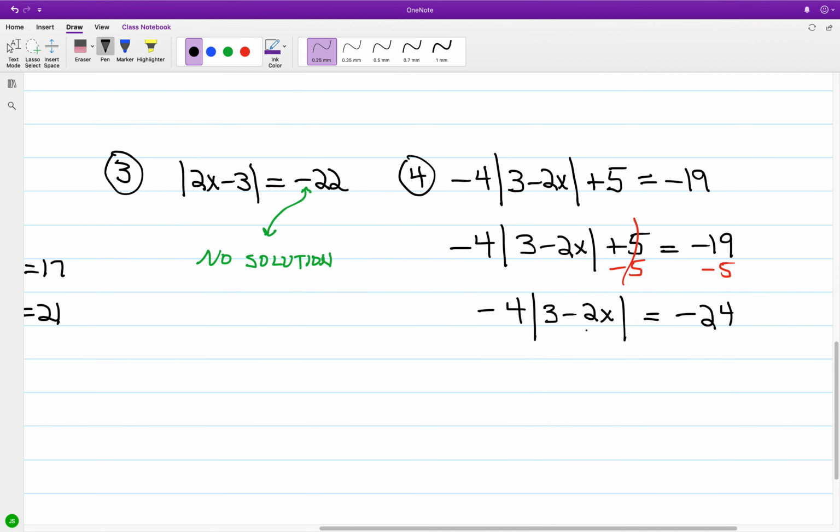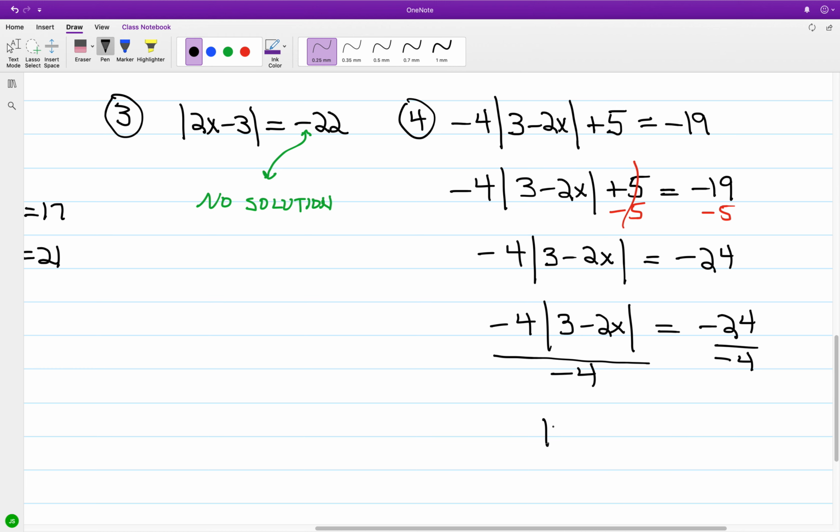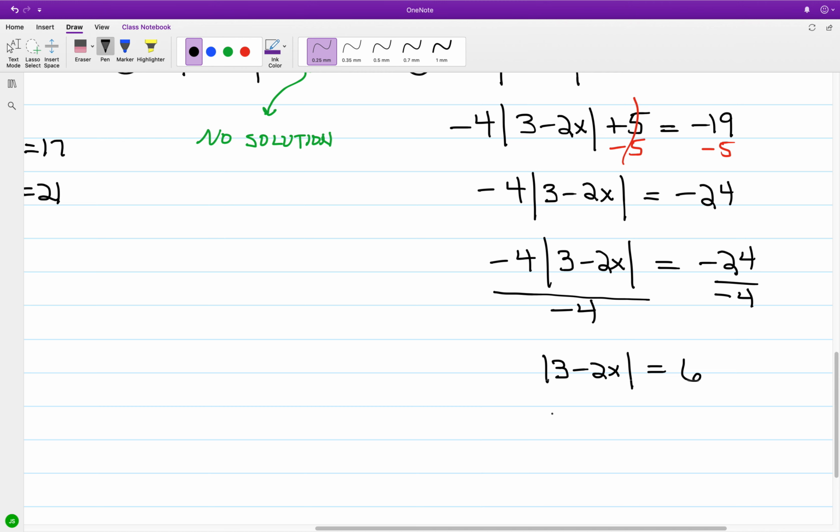While the absolute value of an expression cannot be negative, we have negative 4 on the outside, and we can undo the multiplication by negative 4 by dividing both sides by negative 4. So the absolute value of 3 minus 2x is equal to 6. And there are two numbers that have an absolute value of 6.